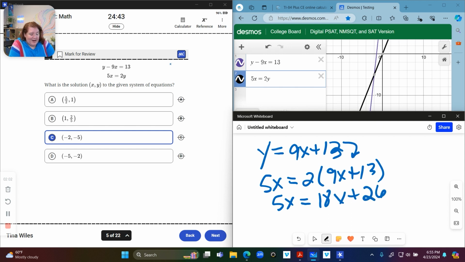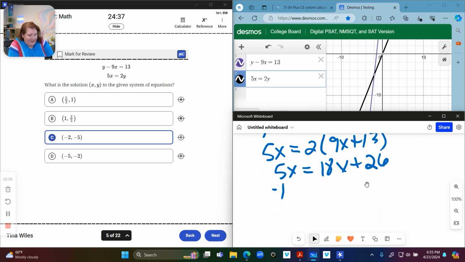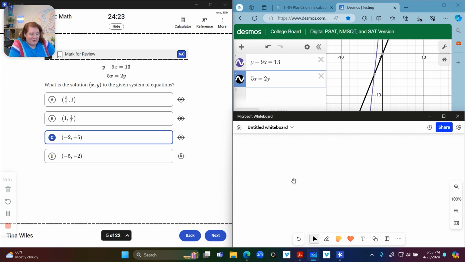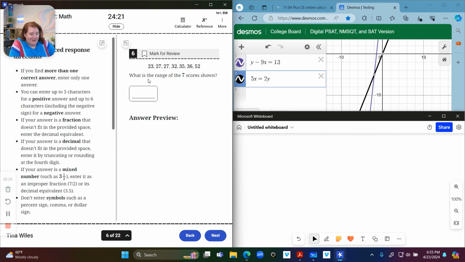I would subtract and get -13x equals 26, and divide by -13. I'm going to get x equals -2. So you can see you get the same answer. Whatever way you are more comfortable with is the right way to do the problem.